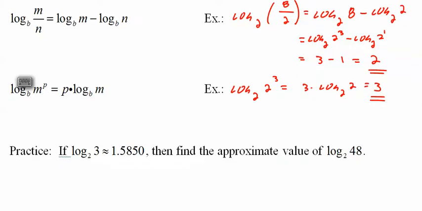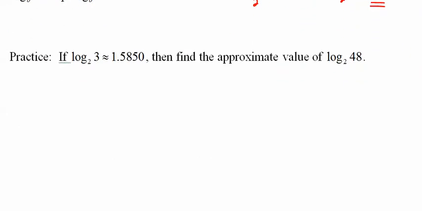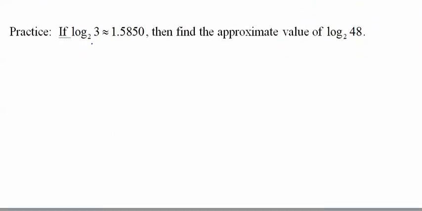I actually give the most challenging problem first. If log base 2 of 3 is about 1.585, find log base 2 of 48. Well, I need to break log base 2 of 48 into something with a 3 in it. So that's 16 times 3. Well, I know what log base 2 of 3 is. Well, how am I going to figure out log base 2 of 16?